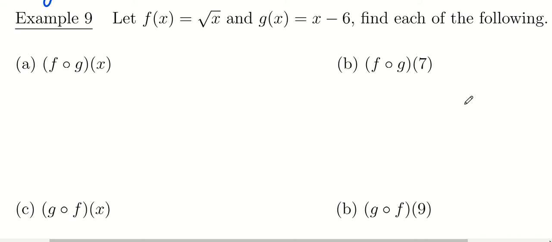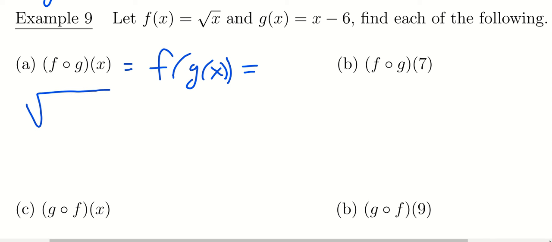Let's do another example of this. In example 9, we want to do f composed with g of x for the functions square root of x and x minus 6. Again, this is by definition f of g of x. The outer function is f. F says to take the square root of your input. And what we're plugging in is the function g, which is going to be x minus 6.